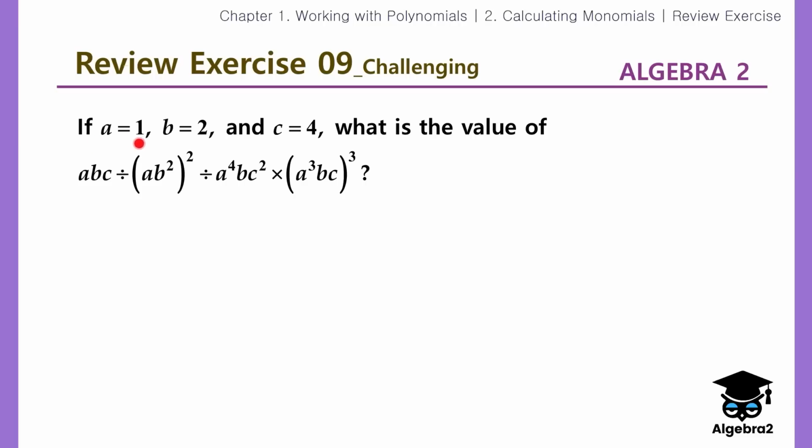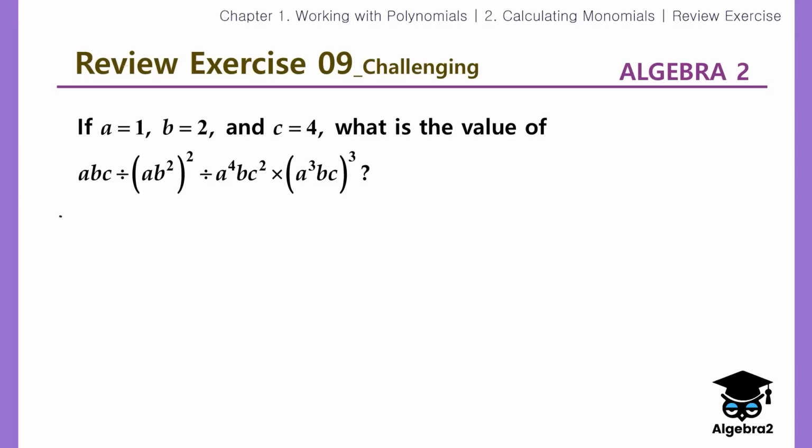If a is equal to 1, b is equal to 2, and c is equal to 4, what is the value of this complicated expression? Just like number 8, we're going to simplify this expression first and substitute these numbers for a, b, c. Okay, so let's try that.